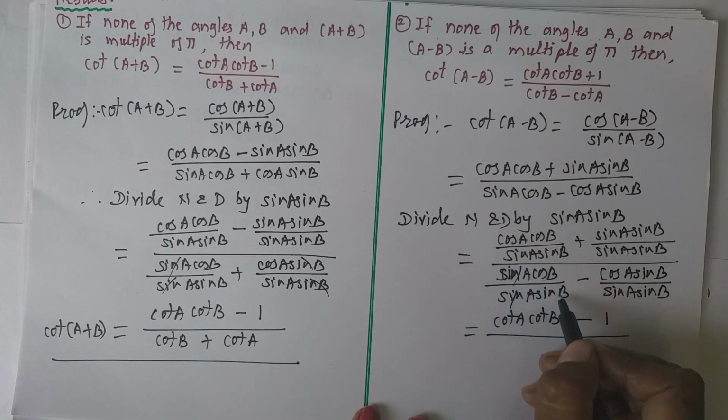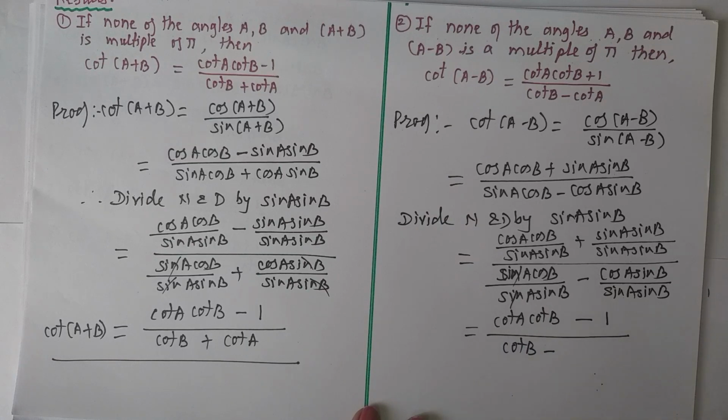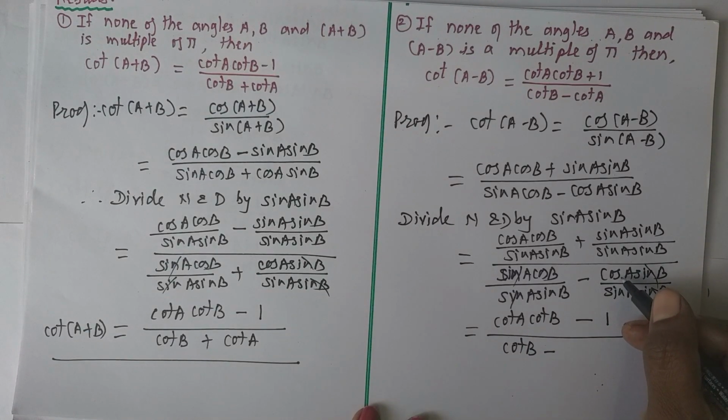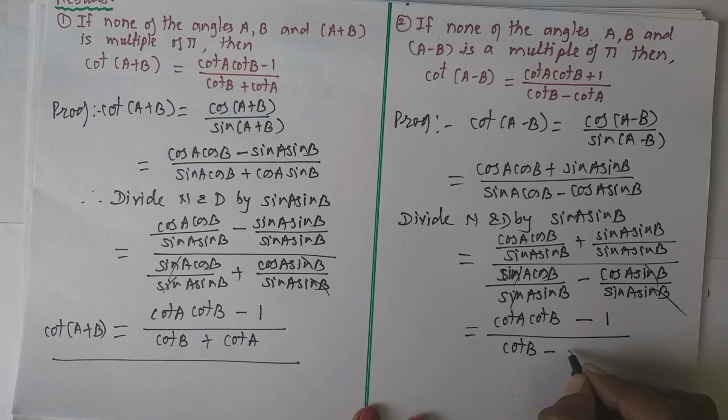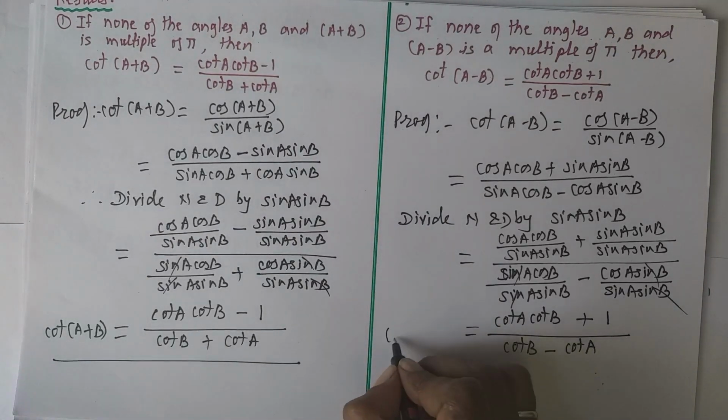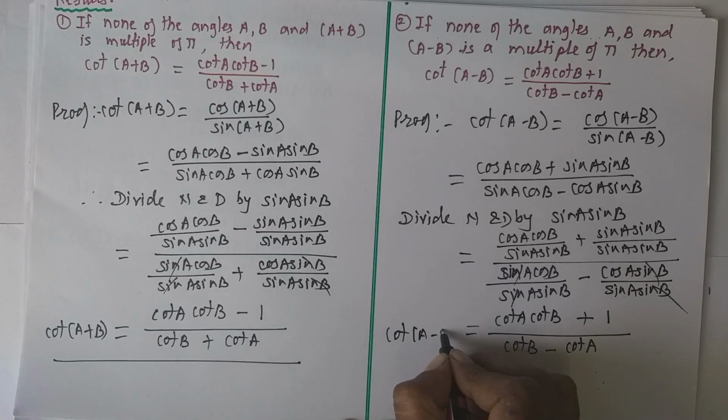Here sin A will get cancelled, cos B divided by sin B means cot B, and here sin B will get cancelled and cos A divided by sin A means cot A. In this way we have got the formula for cot(A − B).